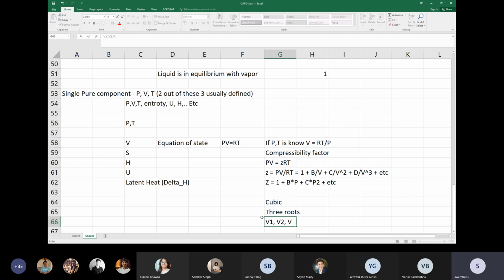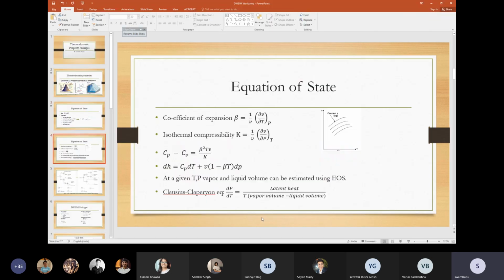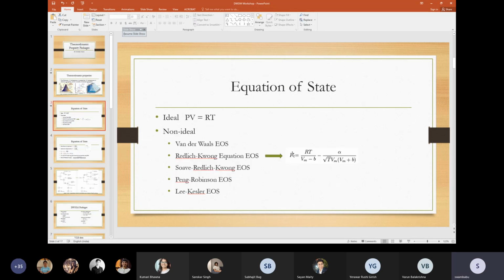One could represent the solid, one the liquid-like root, and one the vapor-like root. Depending upon the pressure and temperature conditions, we have to see whether it is the solid, liquid, or vapor root. So we can get the vapor volume and liquid volume from the cubic equation of state, and we can get the derivative of this equation of state because P we know.